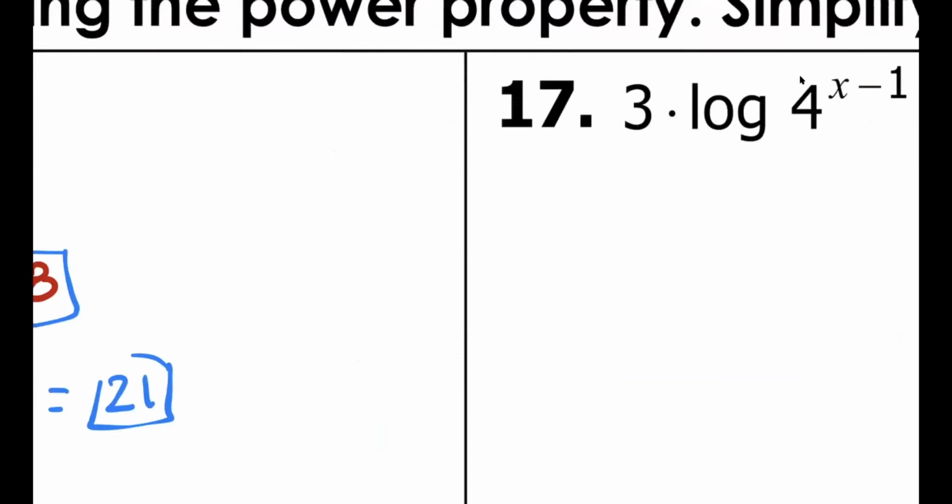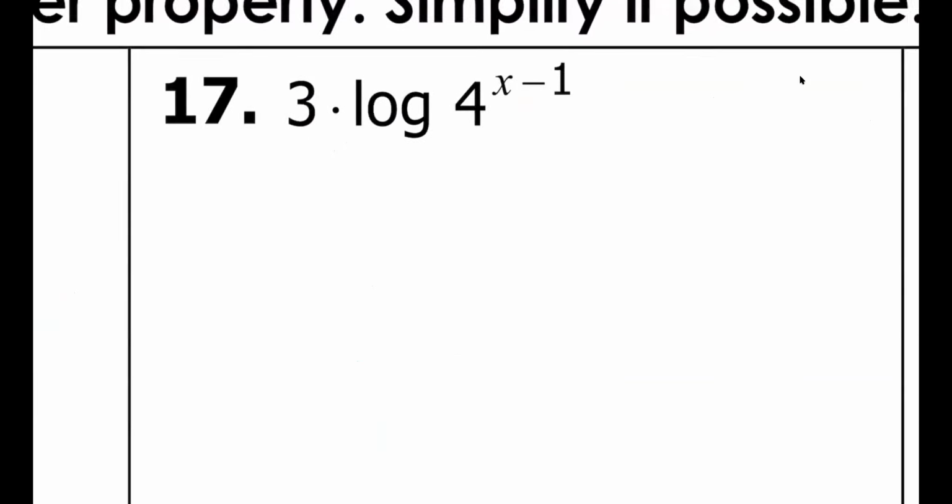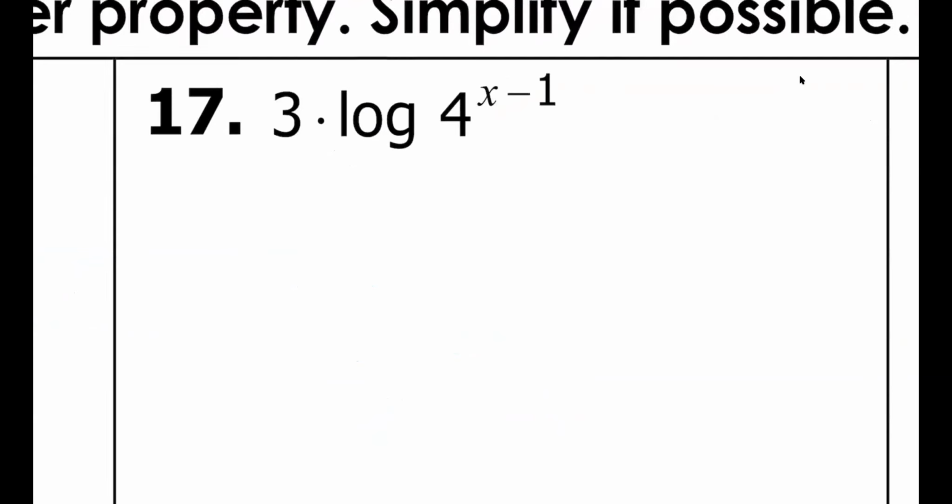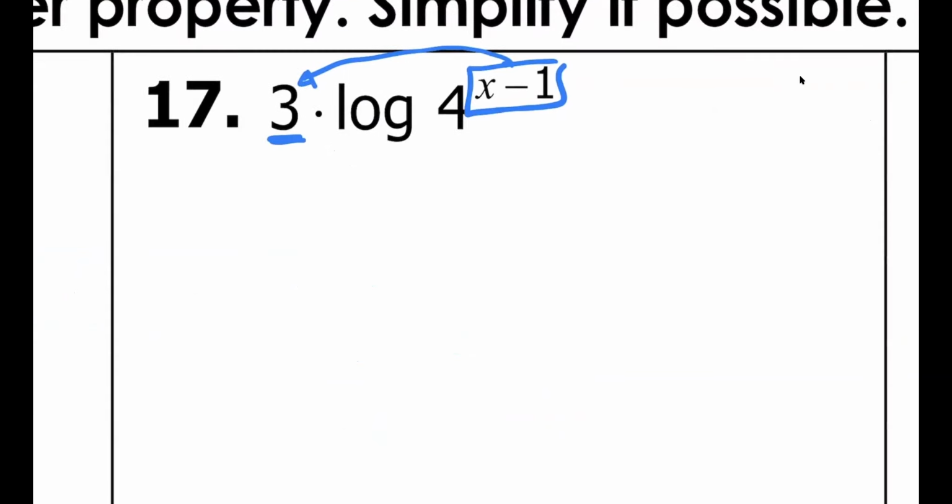All right. Okay. Now we're getting a little complicated, but we're doing the same thing. We have a 3 here in the front already. It's already there. And I want to get this exponent. And since I'm expanding, I'm going to put this out to the front. But whatever's in the front already has to multiply with whatever I'm putting out there. So this 3 is here. And then x minus 1 is a group.